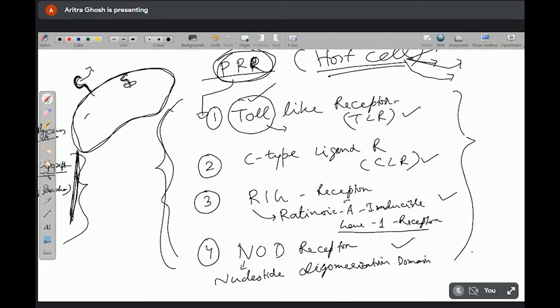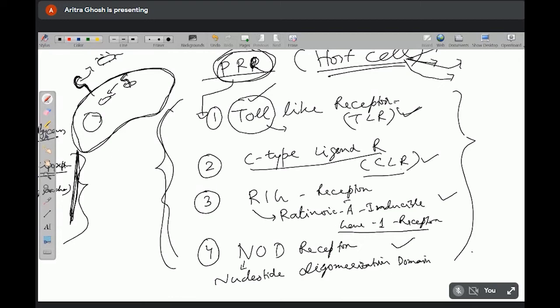Now what about retinoic acid inducible gene 1 receptor? This is basically a soluble PRR. Interesting. Until now we were reading that PRRs are all receptors, so how can a receptor be soluble? Yes. Soluble receptor means these are present inside the cell, to detect, especially, viral RNA and DNA.